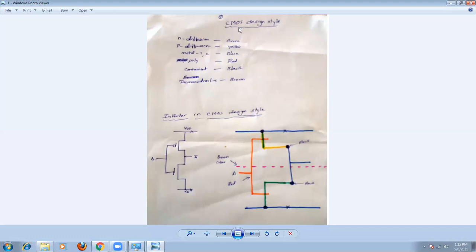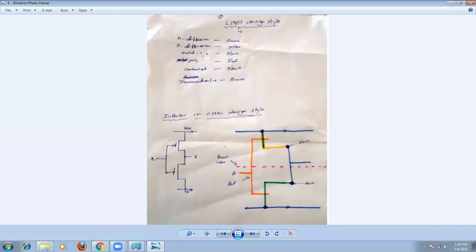Now just observe here, we can follow only the well structure. Well structure means, for example, we can construct the inverter either in a P well or in an N well. Assuming that we are using a P well, the well is P type material, so the substrate is N type material.